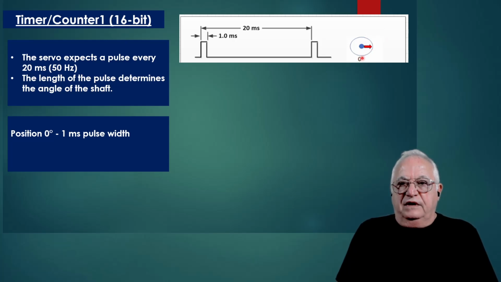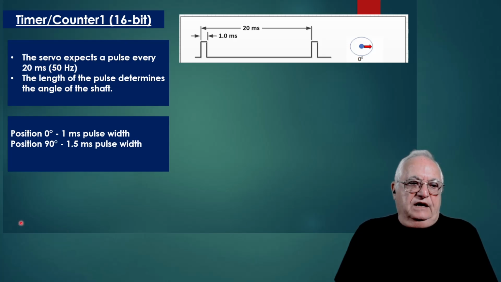So to keep the servo motor in this position, the microcontroller would need to send a pulse of 1 millisecond duration with a period of 20 milliseconds.